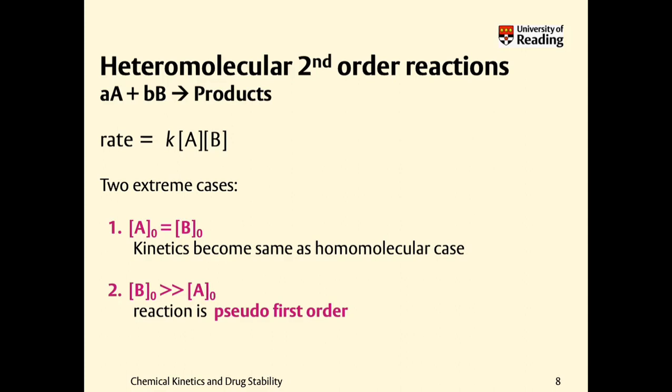And the other extreme case is if we know that the concentration of one of the reactants is very much higher than the concentration of the other reactant at the beginning of our reaction, then we can assume the reaction is something called pseudo first order, and so simplify our kinetics using first order kinetic equations. So I'll show you those two extreme cases.